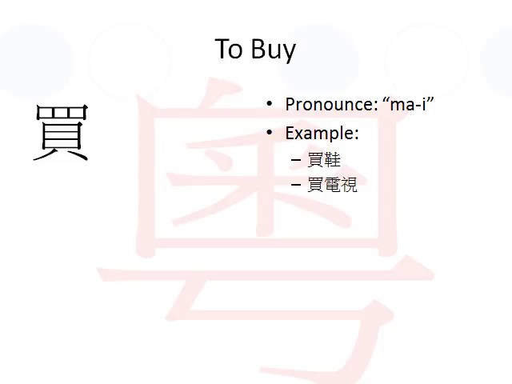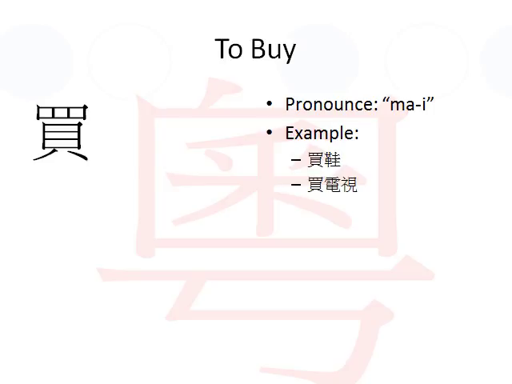Now, for the verb to buy, the pronunciation for this Cantonese verb is my. Again, the pronunciation of the verb to buy in Cantonese is my.